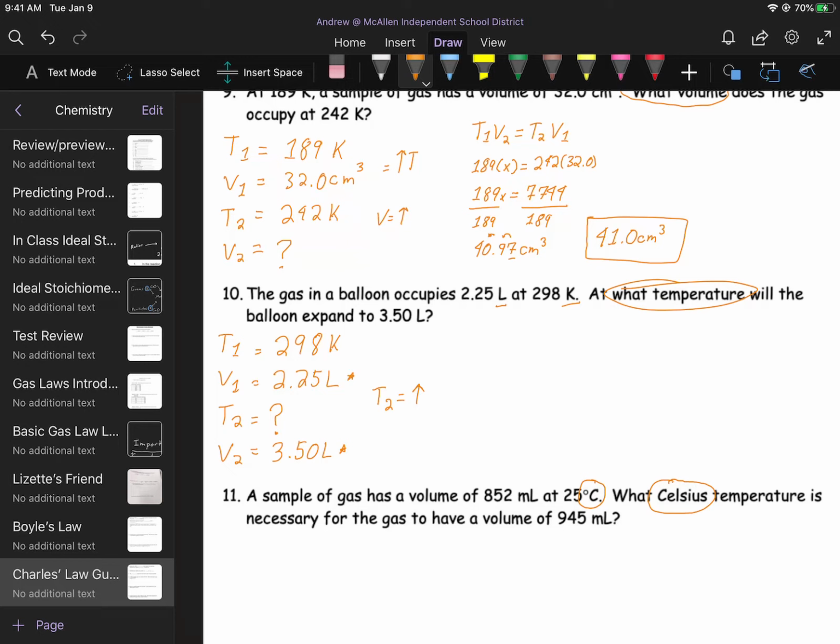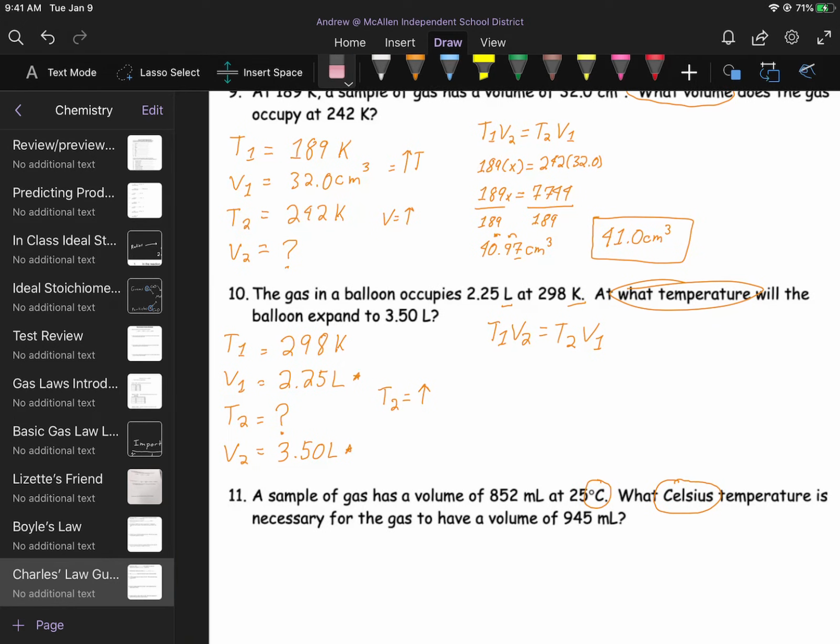Now for the best part, let's do the math. Oh, whoops, I jumped ahead of myself. I gotta rewrite my formula. T1 V2 equals T2 V1. So T1 is 298. V2 is 3.50.